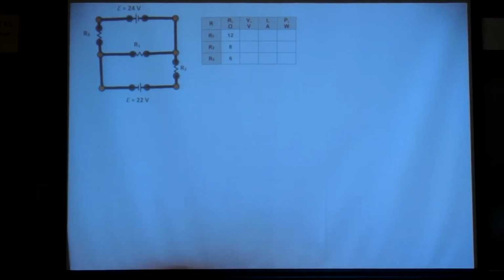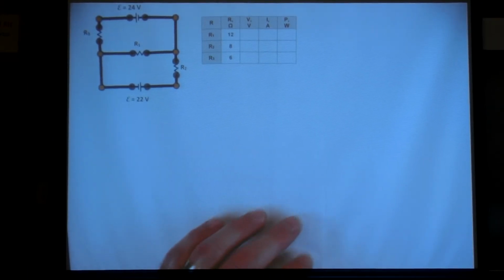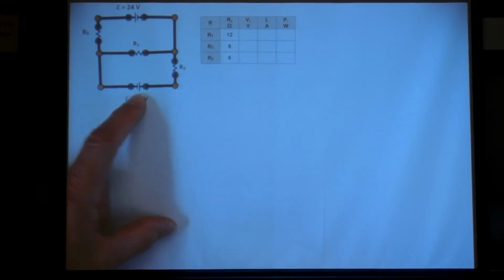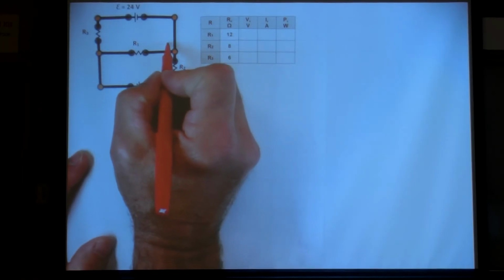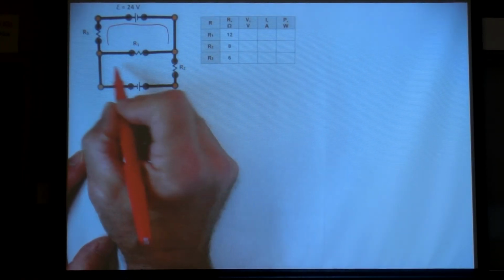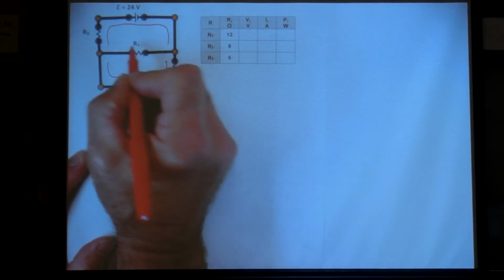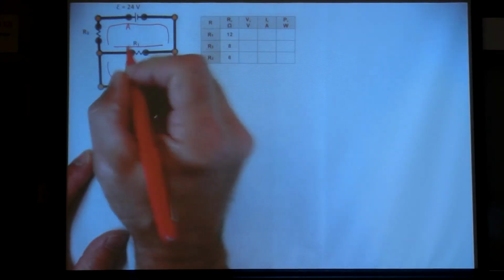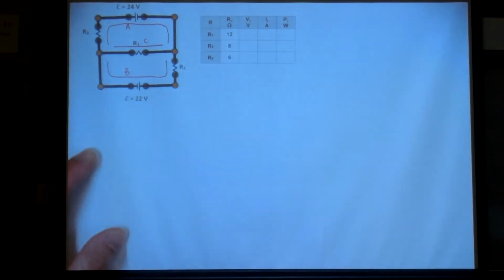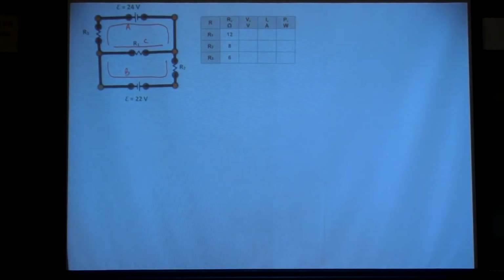So now we see a circuit in which one battery faces to the right, the other faces to the left. We start out the same way. We've got 3 sections. There's one, here's one, and here's the other. And we can call these A, B, and C, just like we did before.